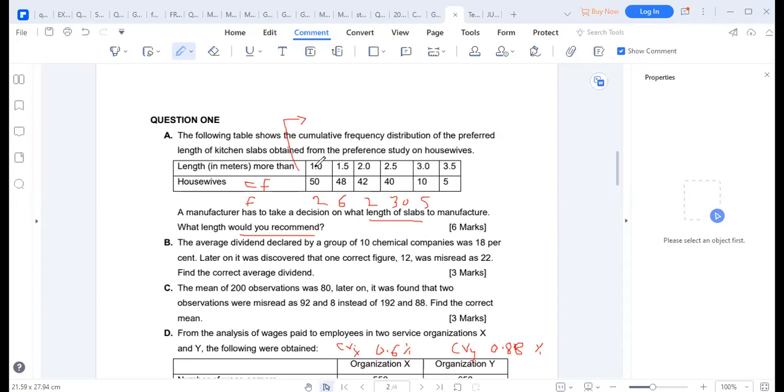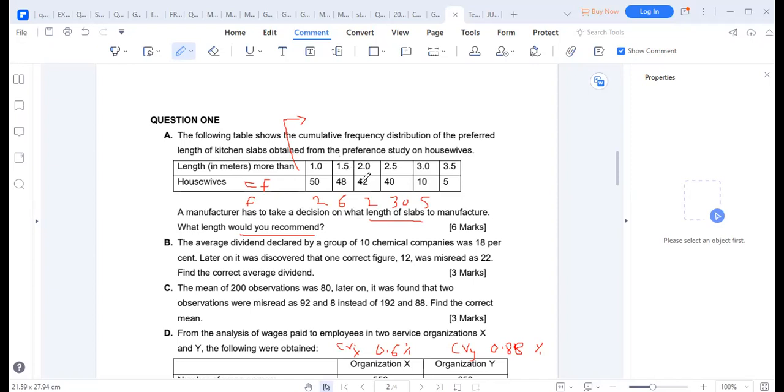So we'll subtract 0.5 from here and add 0.5 there, so that we know the ranges we're going to work with. Are we together? We want to reconstruct a frequency distribution table, for which we need to calculate our mean and the mode, identifying the mode.